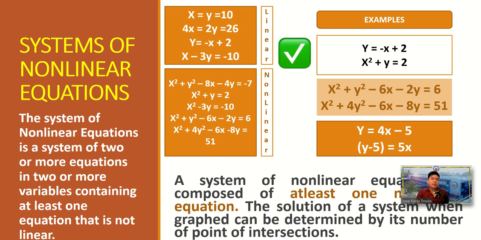Yes, it is, because it has at least one quadratic equation. The second one, both equations are nonlinear, therefore still it is a system of nonlinear equations because it says at least one. And the other one is of course not a nonlinear equation.